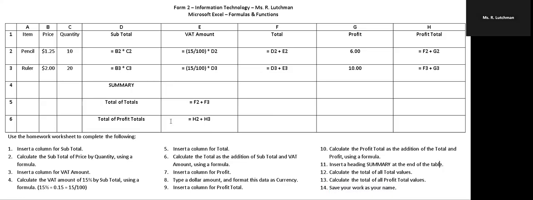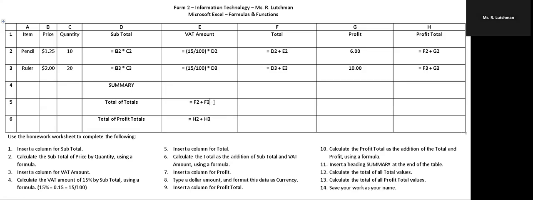Okay. Now, we have our total of totals and our total of profit totals. But F2 and F3 is a range, as I said. And a range can use a function instead of a formula. So if I wanted to change this formula into a function, how would I do that?